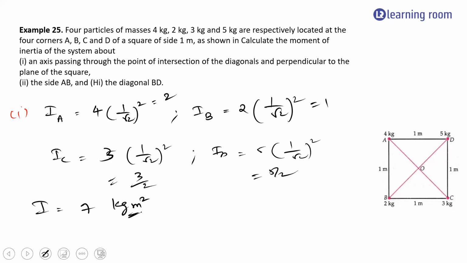What theorem should I apply? Can I apply the perpendicular axis theorem? Can I?